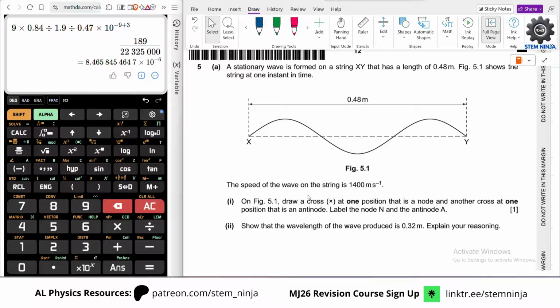On figure 5.1, draw a cross at one position that is a node, and another cross at one position that is an antinode. Okay, so this is a node, this is a node, this is a node, and this is an antinode, this is an antinode, this is an antinode.